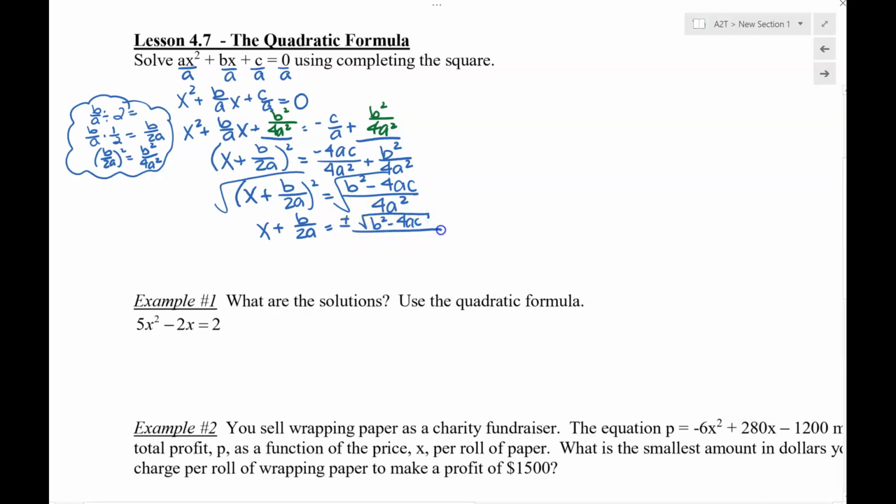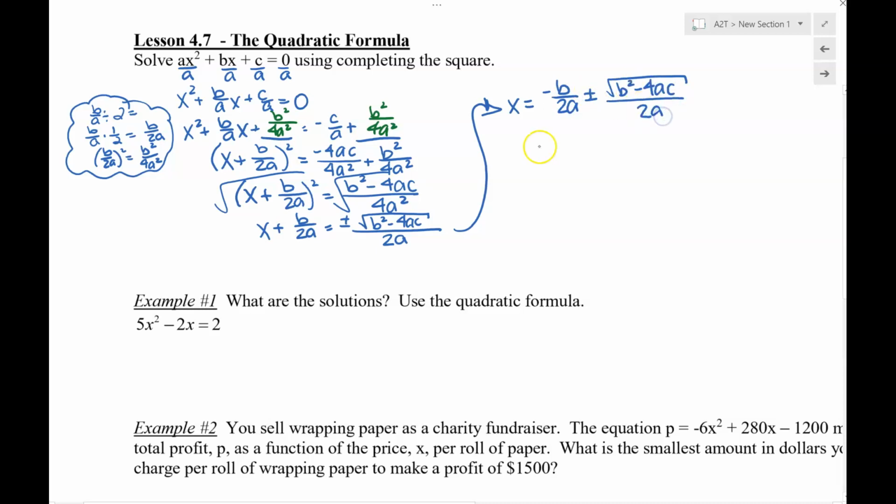And I'm only going to put it in the numerator because I know in the denominator, the square root of 4 is 2, and then the square root of a squared is a. This is looking slightly familiar. I wonder. Last step is to, oh my gosh, subtract b over 2a from both sides. So we get negative b over 2a plus and minus the square root of b squared minus 4ac.